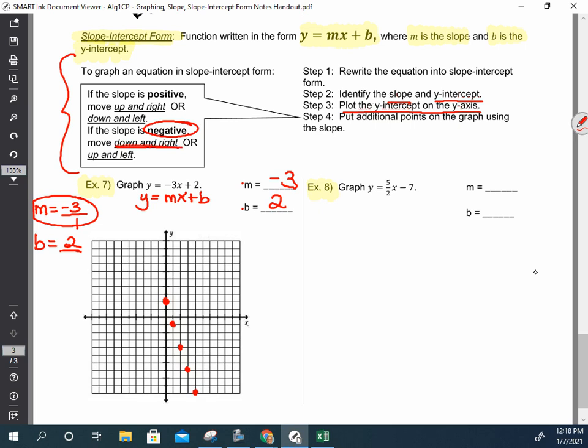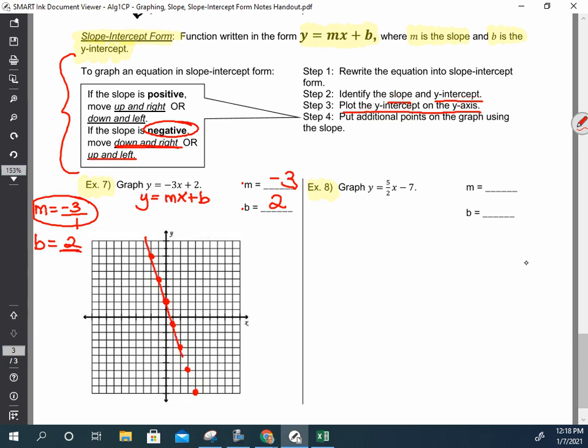But you can also go up and to the left. Up 3, to the left 1. Do you have to do it both ways? No. It just gives you a better graph to draw. But you don't have to do it both ways.